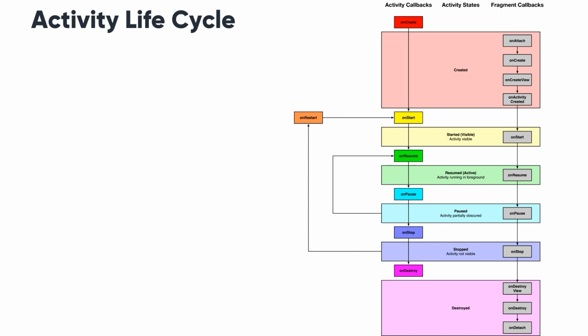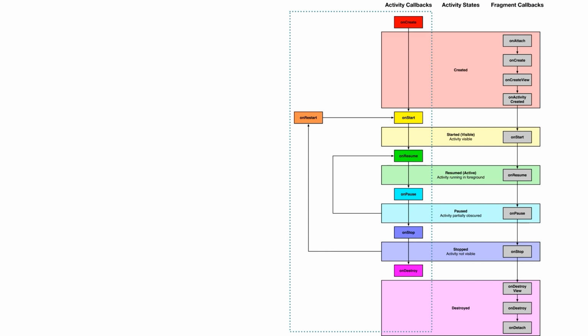The 7 lifecycle methods of an activity describe how the activity will behave in different states. So, let's see the 7 lifecycle methods of the Android activity. These are the 7 methods: onCreate, onStart, onResume, onPause, onStop, onDestroy, and onRestart.